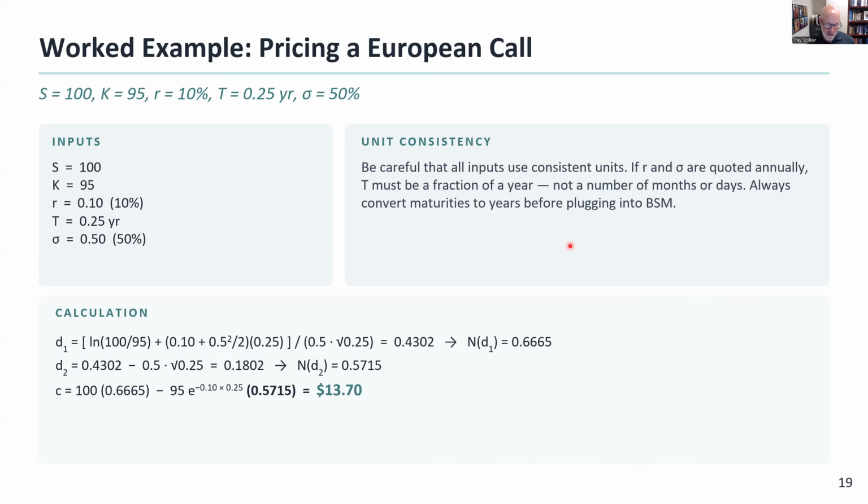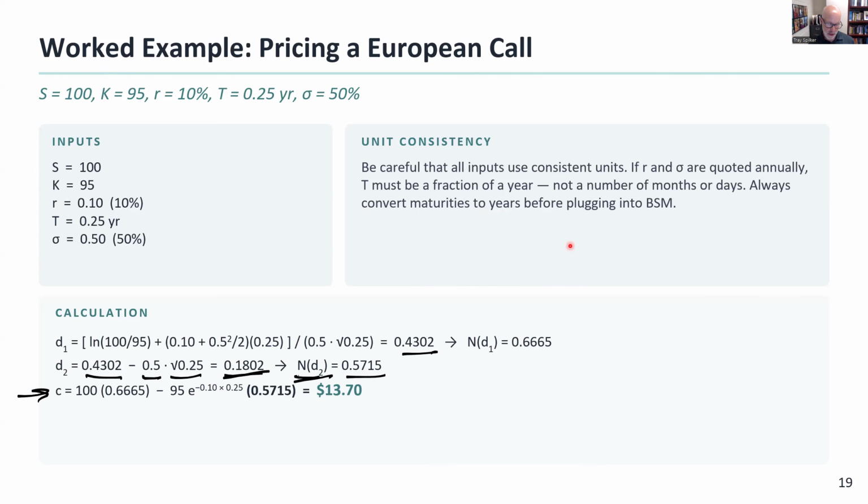D2 is a little easier. We have a value for D1, 0.4302, and then we subtract the volatility times the square root of T, and we get a value of D2 of 0.1802. Again, we look up the cumulative probability of observing that number and everything below it, and we get a value of 0.5715. Okay. Now that we have our values for D1 and D2, we can plug them into the Black-Scholes-Merton equation for the call option value.